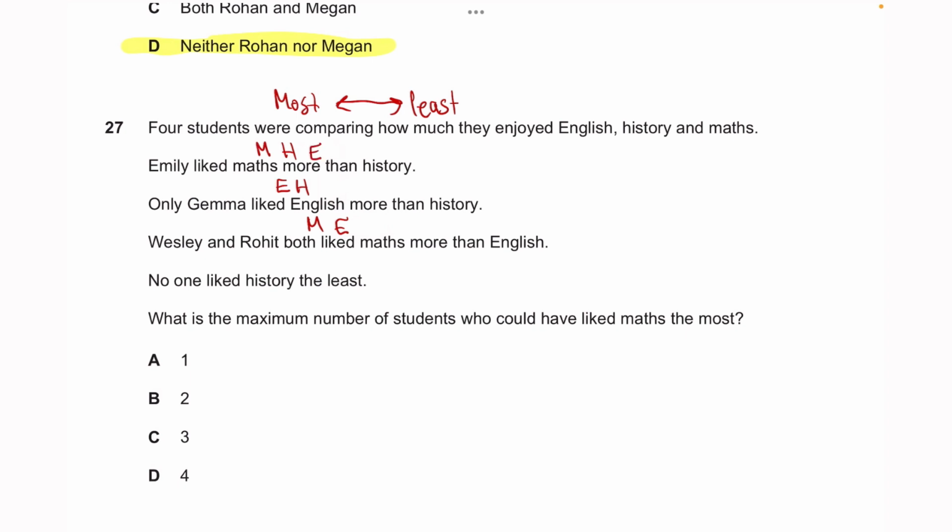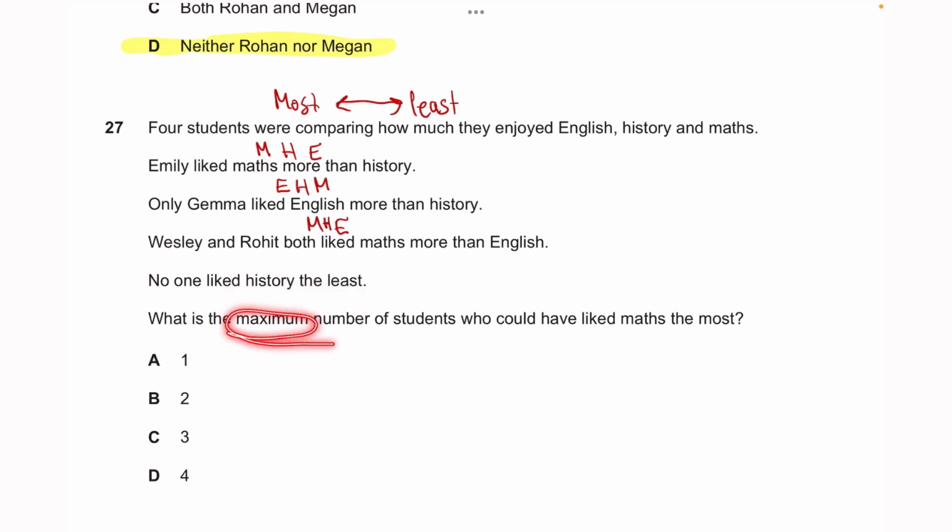English has actually got to be over here. And it says only Gemma liked English more than history, that means that math is down below because history can't be the least liked subject. And Wesley and Rohit both like math more than English, that means that history is actually got to be between math and English, because remember, history is never the least.